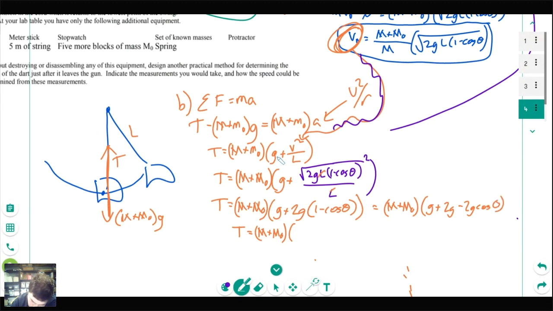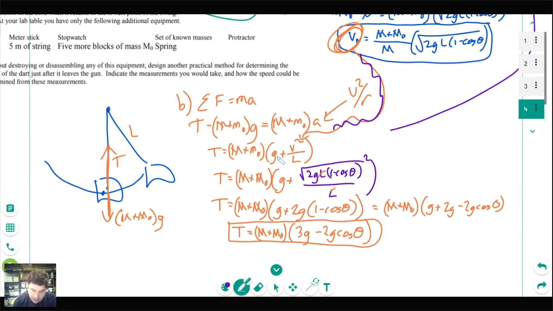So that's 3g minus 2g cos theta. And if we really wanted to, we could pull the g out in front too, but this is good enough for me. Let's not simplify, although it's not that hard to do that last step. This is perfectly fine for an answer. We don't need to go any further in that.